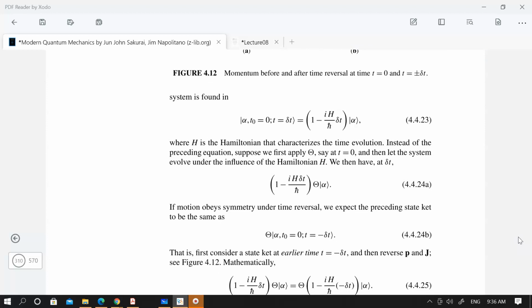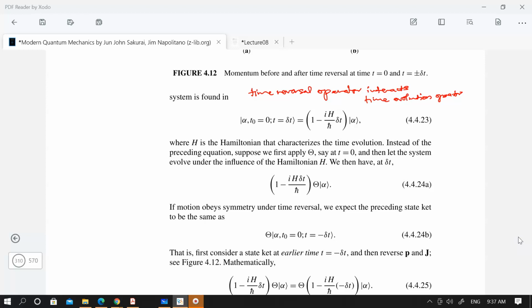Let me think, what is this? This is trying to see how the time reversal operator interacts with the time evolution operator. As expected like before, the time part will get reversed.